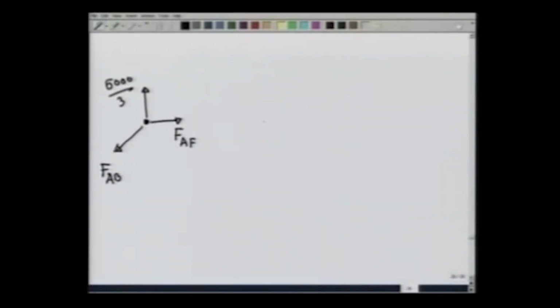Obviously, the force on member AB due to the pin would be in this direction. So, this is a compressive force, and the force on AF would be in this direction, and this will be a tensile force. So, the member AB is under a compressive force and member AF is under a tensile force. Let us now calculate these forces.